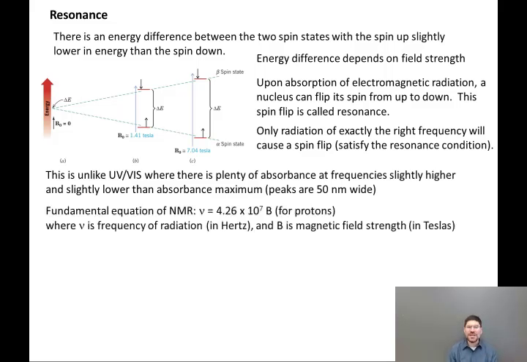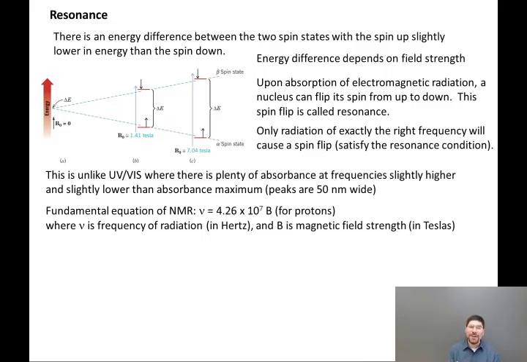So the fundamental equation of NMR, which I do not expect you to memorize or even necessarily be able to use to solve problems, but I'm still going to put it up there, is that the frequency, nu, is equal to 4.26 times 10 to the 7th times the magnetic field strength, B. Now this number, the 4.26 times 10 to the 7th, is the number for protons, for hydrogen nuclei.